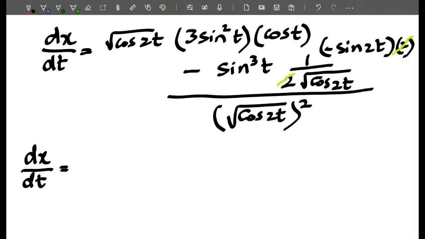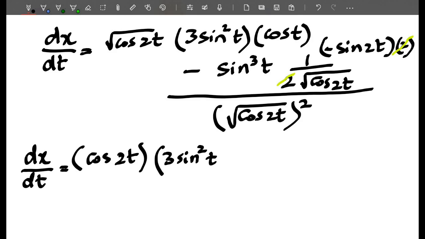Taking the LCM as square root of cos 2t, which will give us cos 2t, because root cos 2t into root cos 2t will become cos 2t. Coming to this part, it is 3 sine square t and cos t, and minus into minus will become plus, and we are left with sine cube t and sine 2t.